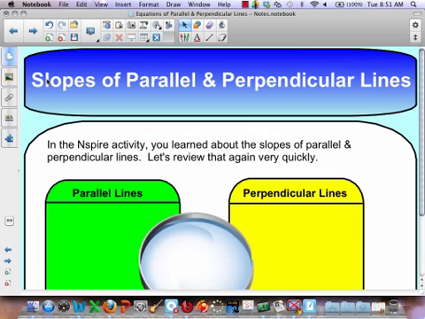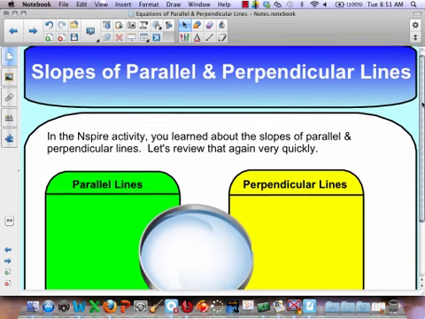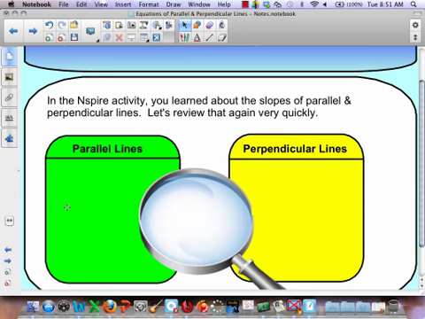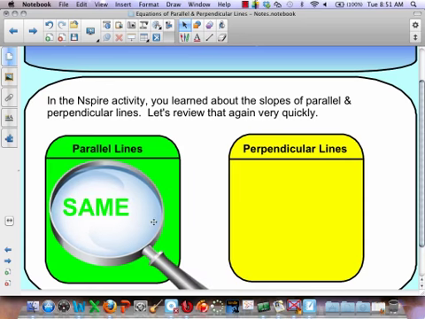So when we look at this, you guys went on the Inspire activity, and what did you find out about the slopes of parallel lines? They're equal. They're the same, right? So that's really important. I want you to make sure you get that down. The slope of parallel lines are the same. I cannot stress that enough.